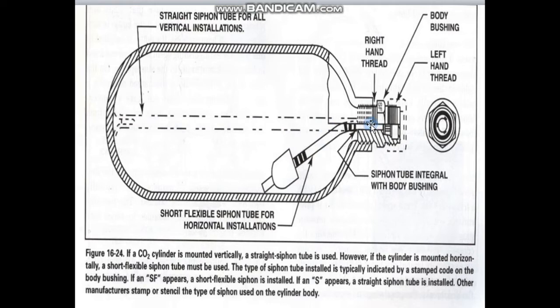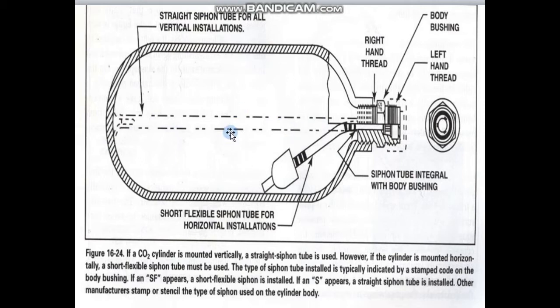How can we identify whether a cylinder uses a straight siphon or a short flexible siphon? We will read here: if a CO2 carbon dioxide cylinder is mounted vertically, the straight siphon tube is used.